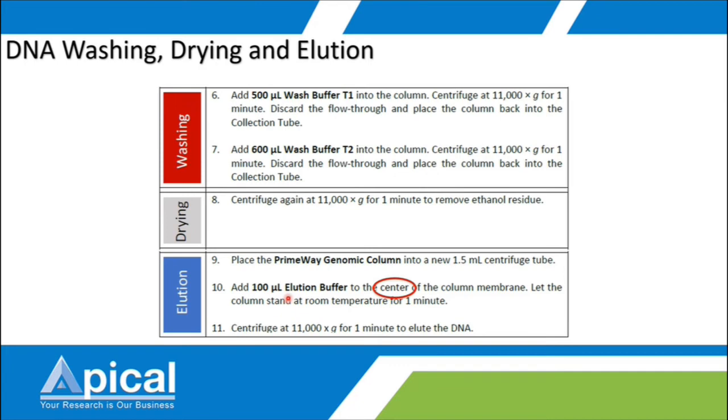I understand some of you may want to increase the concentration. You can reduce the elution buffer a little bit, but try not to reduce too much, because from our tests during the manufacturing of the kit, we know that if you elute with too little elution buffer, it will sacrifice the recovery rate.